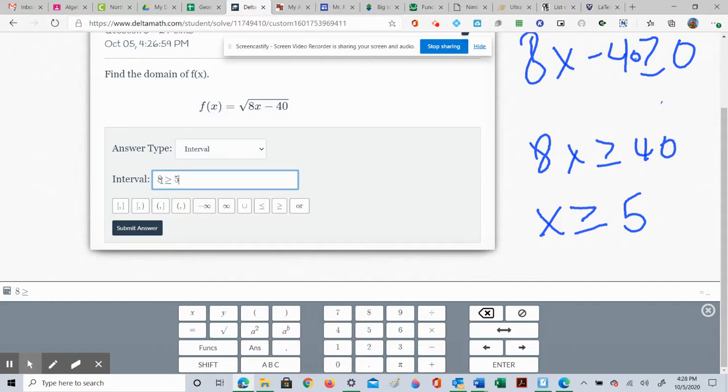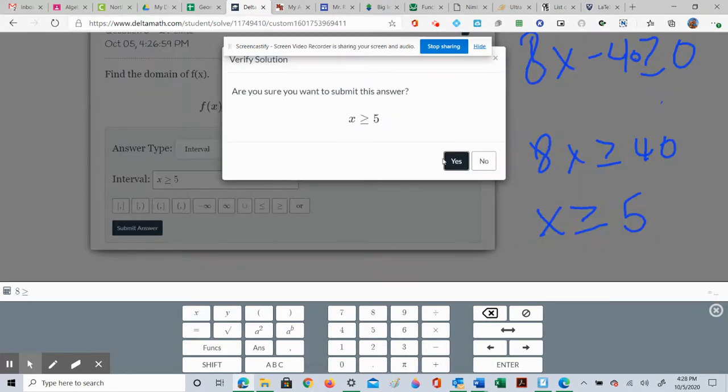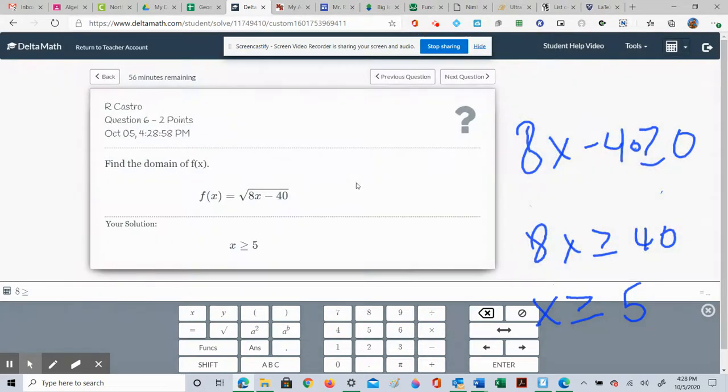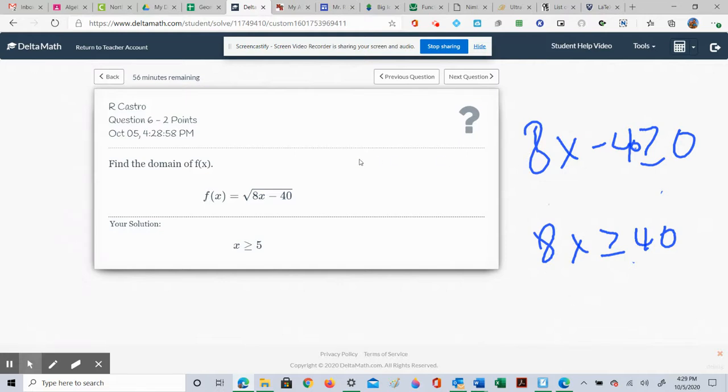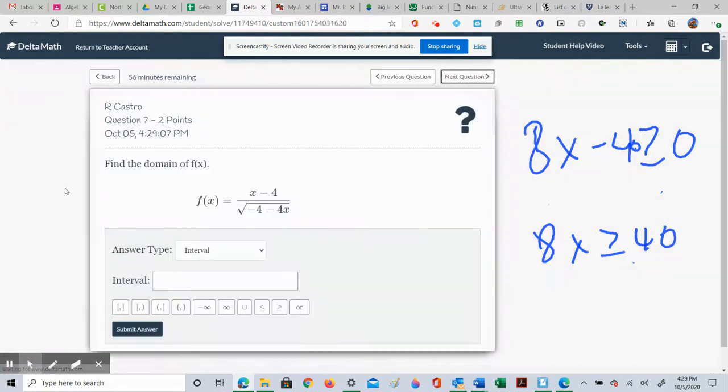Oops, sorry. X is greater than or equal to 5. Submit answer. Yes. You can get rid of the calculator at any time. And I'm going on to the next question.